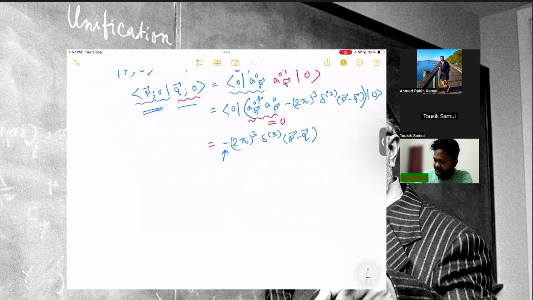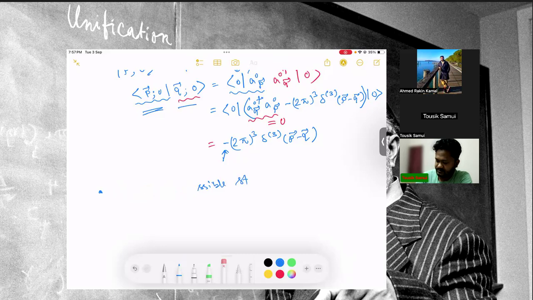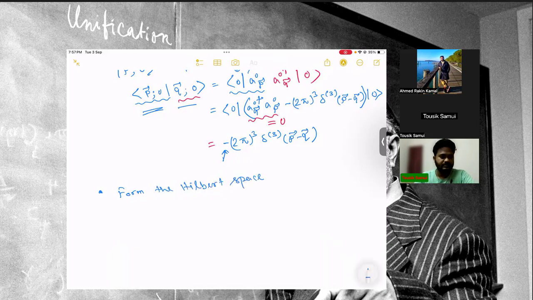So the prescription says: form the Hilbert space as usual.